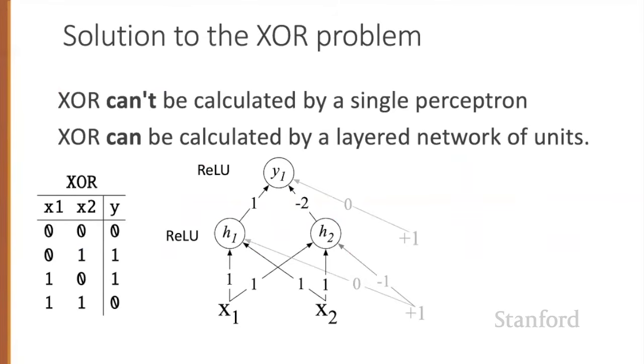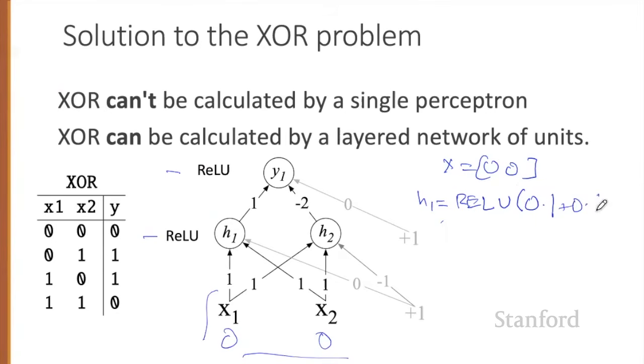Let's see an example of how to compute XOR using two layers of ReLU-based units. The middle layer, called H, has 2 units, and the output layer, called Y, has 1 unit. This set of weights and biases will compute XOR. Consider the input x equals 0,0. If we multiply each input value by the appropriate weight, sum, and then add the bias, H1 will be ReLU of 0 dot 1 plus 0 dot 1 plus the bias, which is 0.